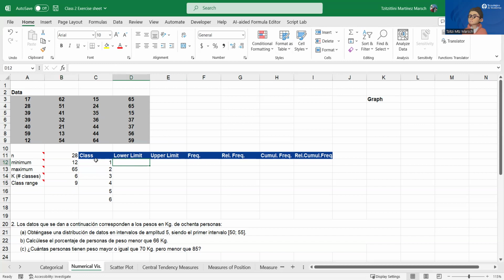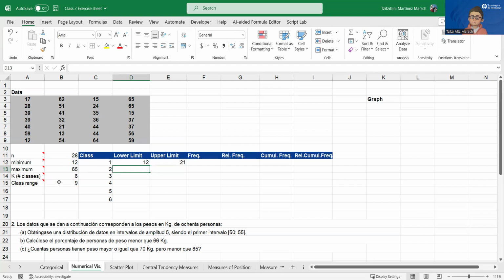So here we are trying to find this particular data of class 1. In our class 1, we want the upper limit and the lower limit of our class. And so our lower limit for the first class is always going to be our minimum value, okay? And our upper limit is going to be that minimum value plus that class range, or that class interval.